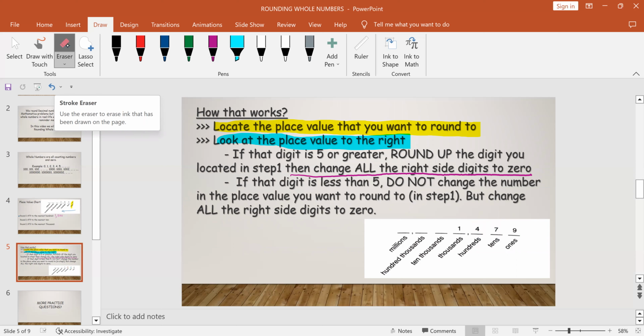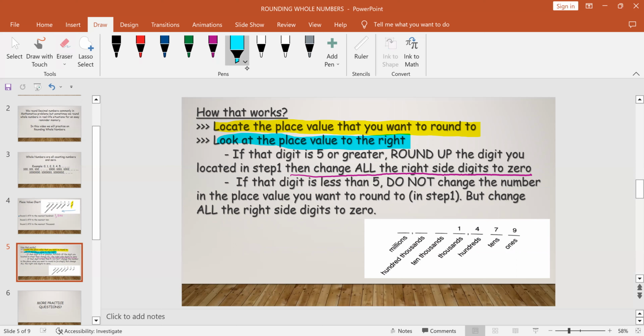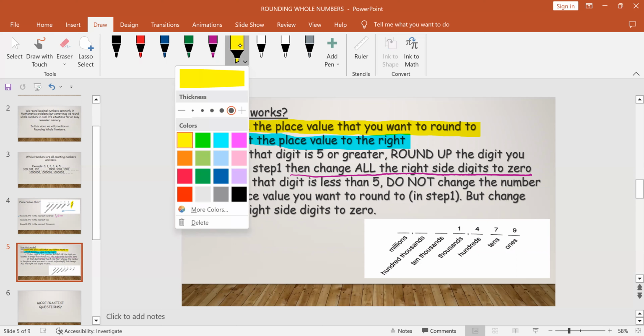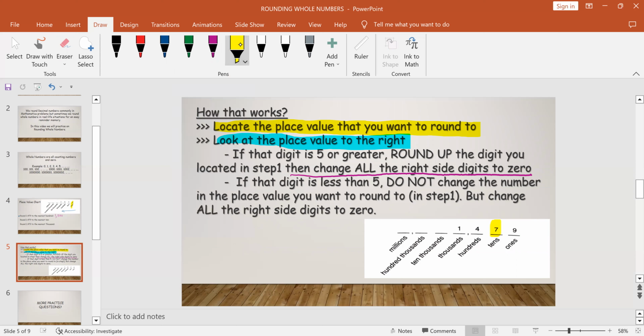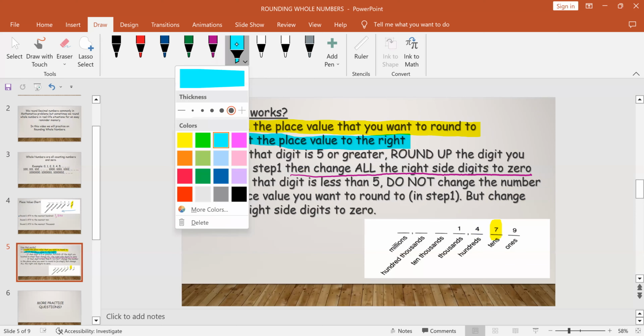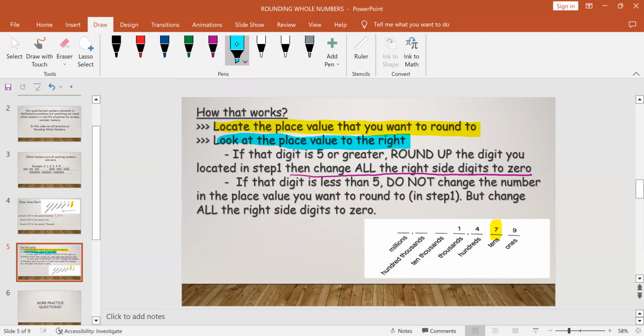So again, what digit represents the 10? It is 7. So in yellow, I highlighted the 7, which is the first step. Now blue, the second step. Look at the place value to the right. That place value here is 9.